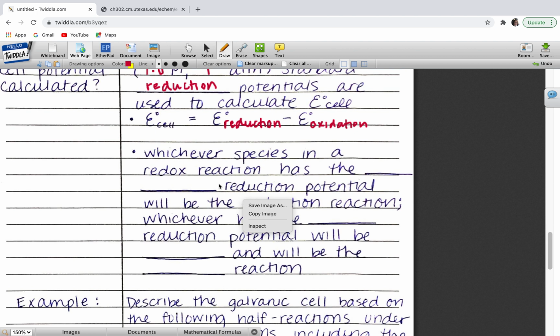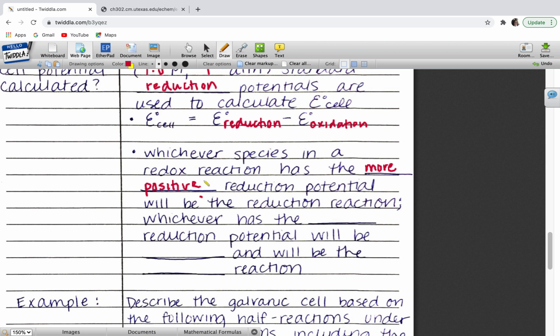Whichever species in a redox reaction has the more positive reduction potential is going to stay the reduction reaction. So you're going to compare the values for your reduction reaction and oxidation.